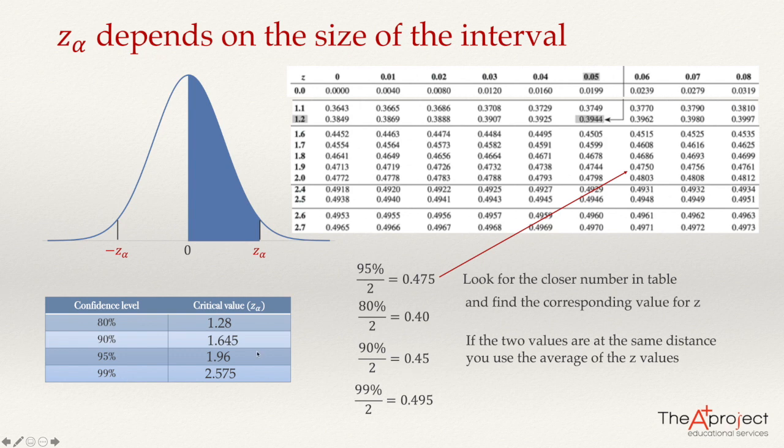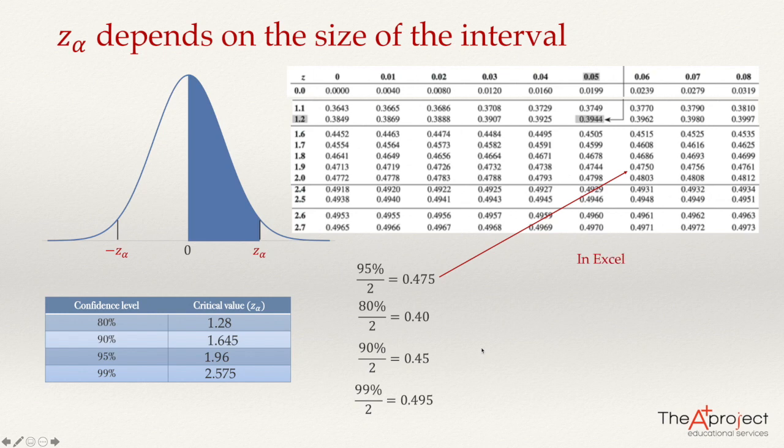Of course, we can use Excel to find the critical values. If we use Excel, take into account that Excel always gives you the whole area to the left of a number. So if we want to find the critical value corresponding to the 95% confidence level, we add the 50% that is at the left side of the distribution.